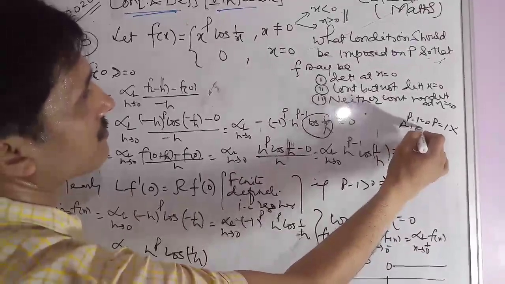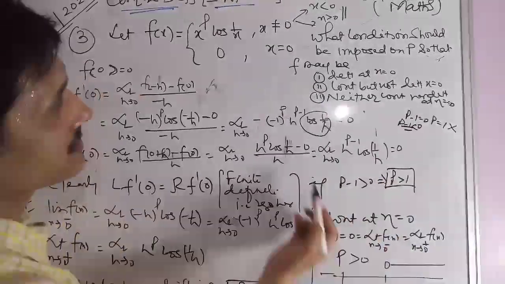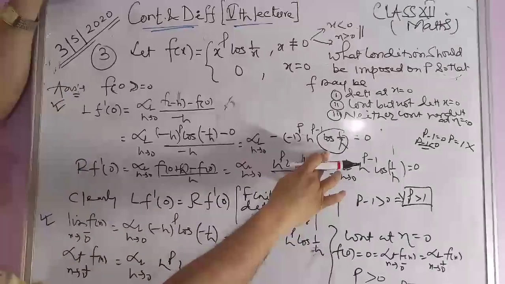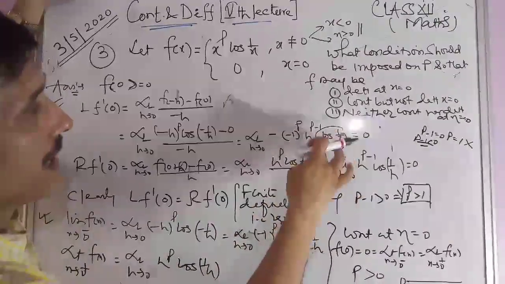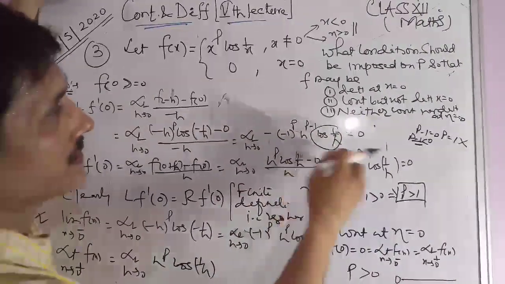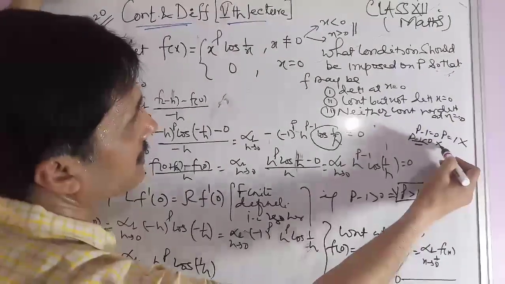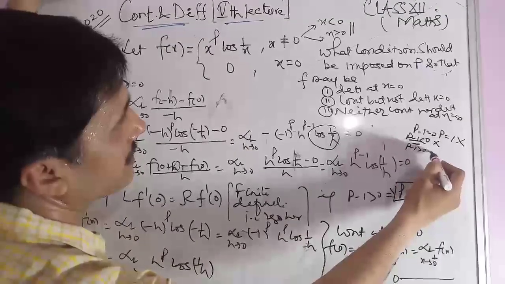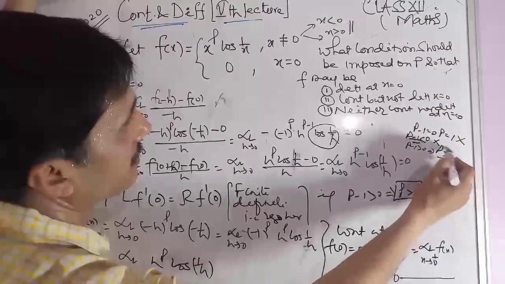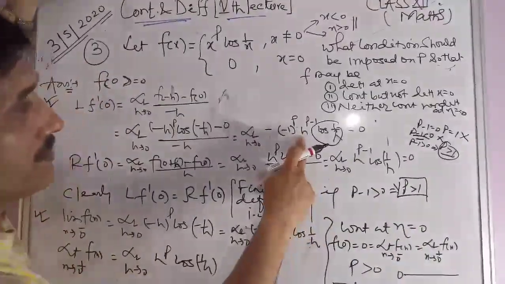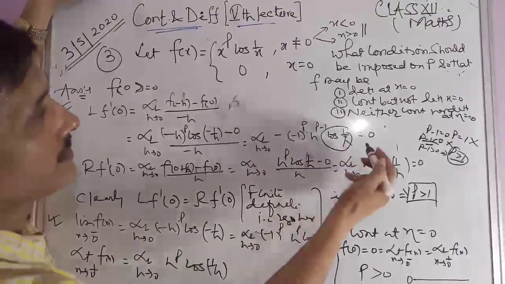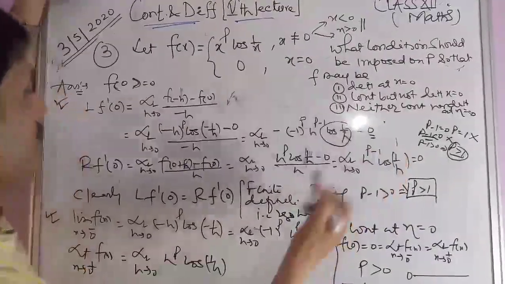When p minus 1 is less than 0, in such a case h comes in the denominator and this will again become undefined. So excluding this case also, we have only the option p minus 1 greater than 0, that is p greater than 1. If p greater than 1, this equals 0.